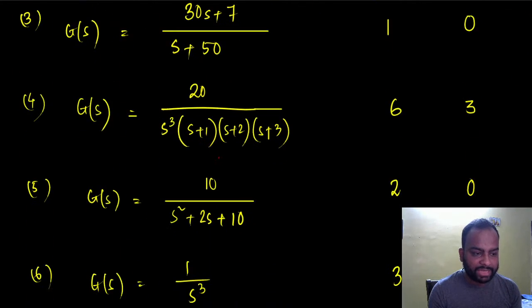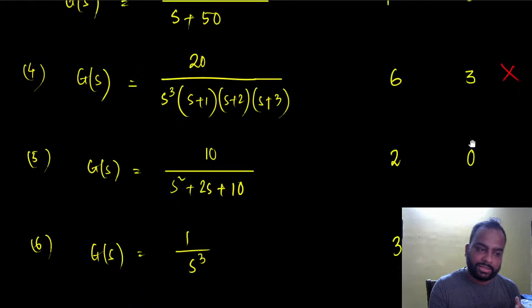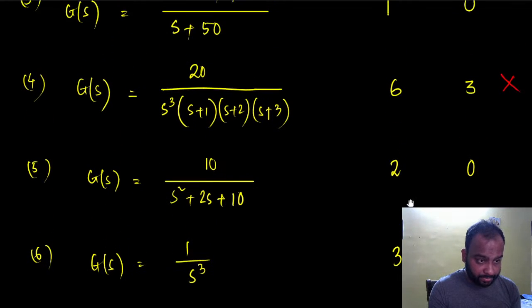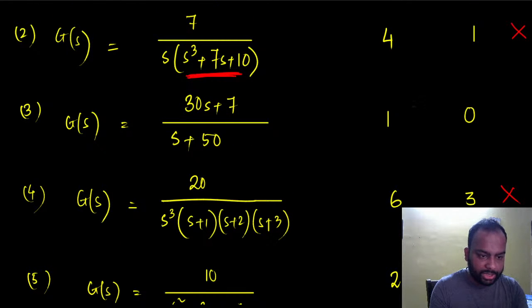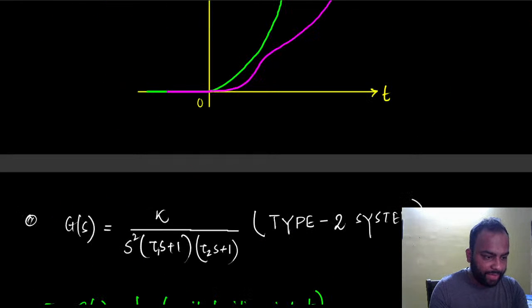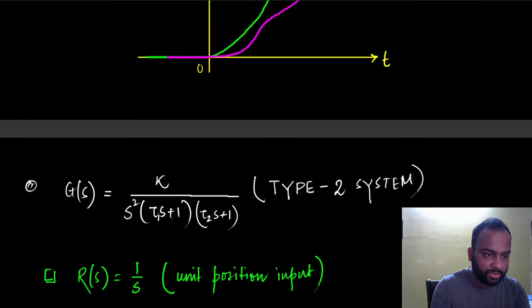In a very similar fashion, this is also going to be an unstable system. So really speaking, this also does not have anything like that. And as such, I should really have had something on the numerator as well.